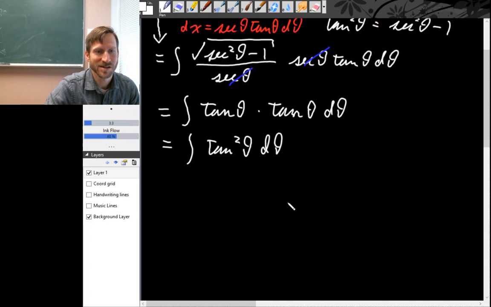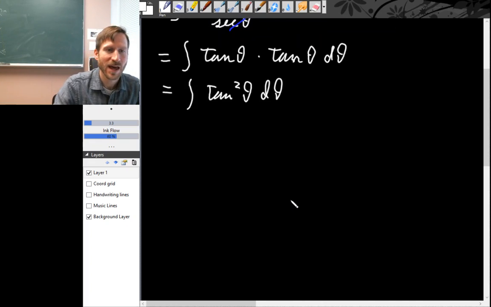And let's see, how to integrate tangent squared. Well, I don't know off the top of my head what the integral of tangent squared is, but the integral of secant squared is tangent, so maybe it would be good to have secants instead of tangents.